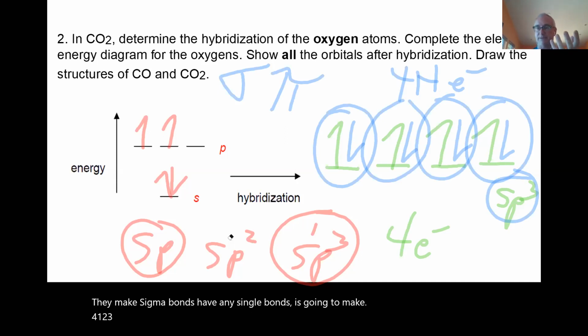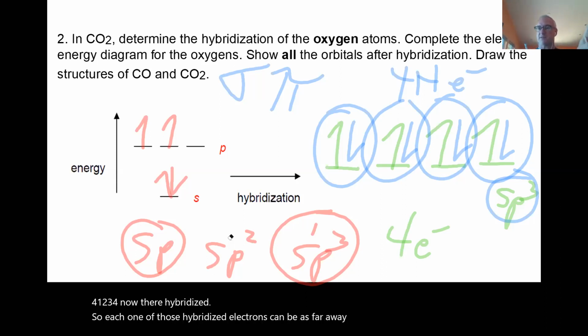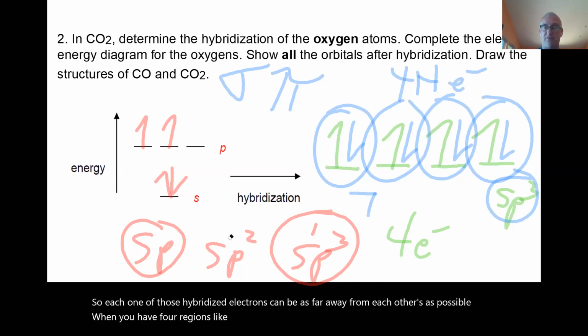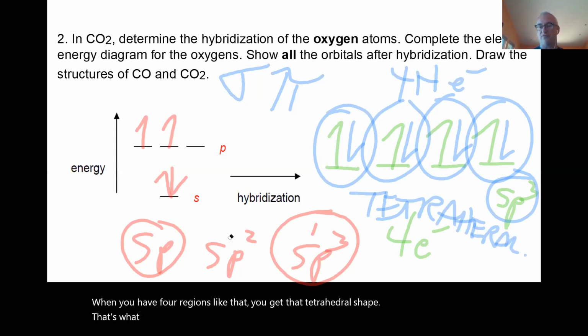Now they're hybridized, so each one of those hybridized electrons can be as far away from each other as possible. When you have 4 regions like that, you get that tetrahedral shape. That's what gives it tetrahedral. I can't spell.